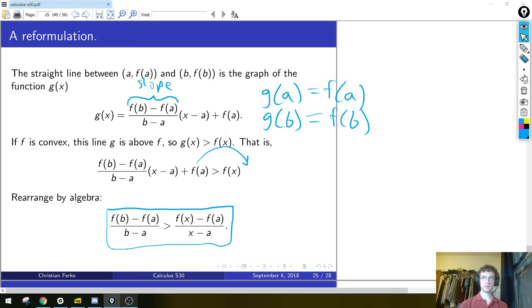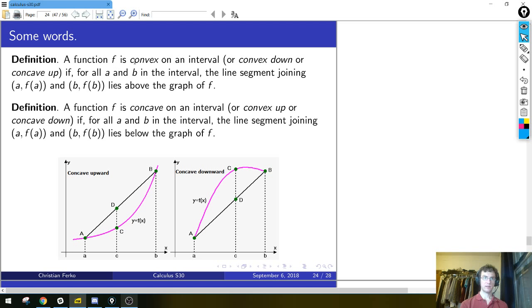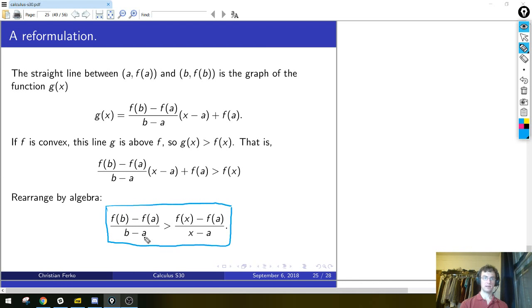So the point of this discussion was that instead of the definition that the line segment joining a, f of a and b, f of b lies above the graph, by algebra we've now proven that we can use this new definition. It's entirely equivalent to say that f is convex if this inequality holds for all x in the interval. This is going to be our new definition.